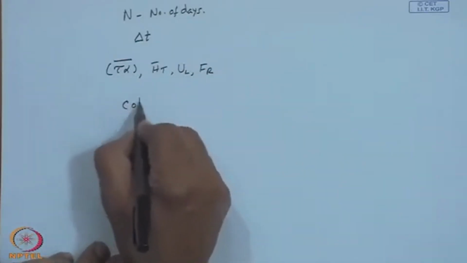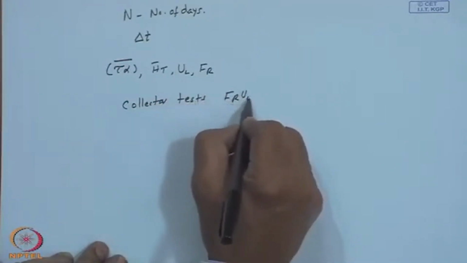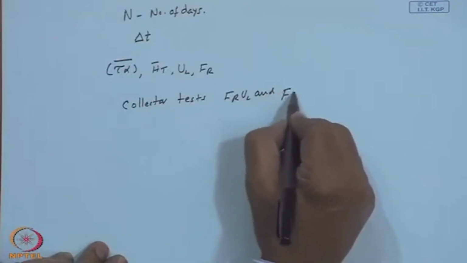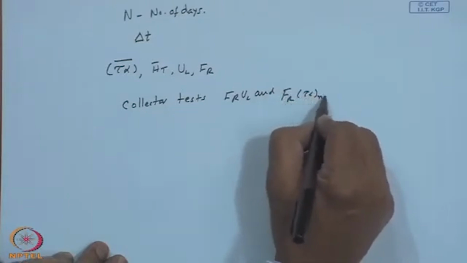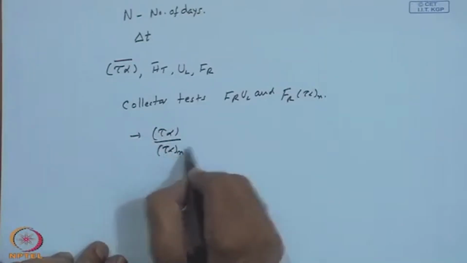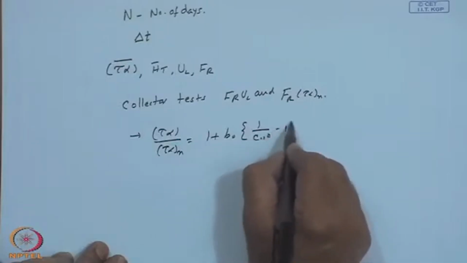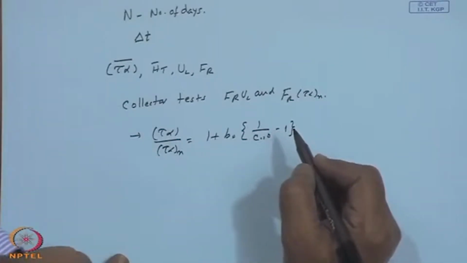Of course, from the collector test you can get FR UL and nearly FR tau alpha normal, from which you can have the relation of tau alpha by tau alpha n as 1 plus b0 times 1 by cos theta minus 1, and you have the effective angles of incidence for the direct radiation in the form of a graphical representation, or the effective angle of incidence for the ground reflected radiation and the sky diffuse radiation, which are constants, they do not change with time, they are a function of the slope beta only, that is your theta g and theta d.